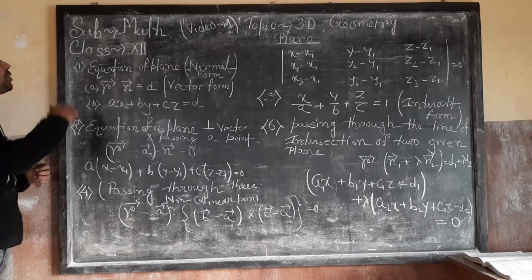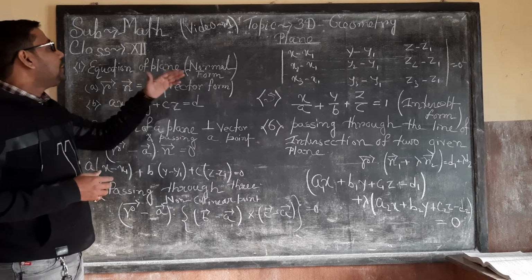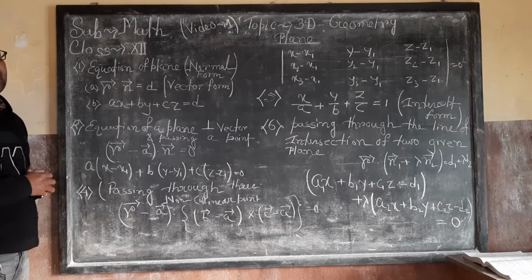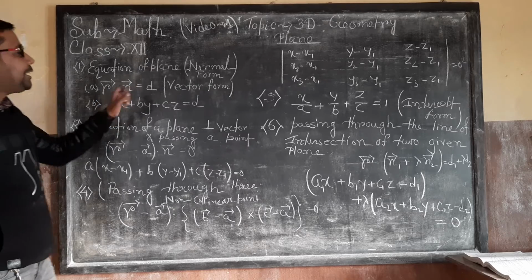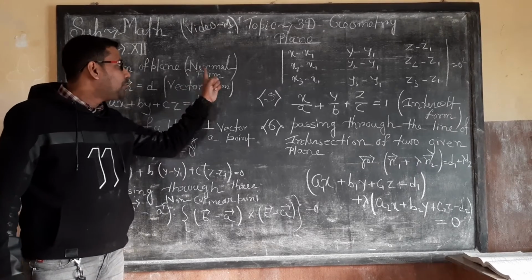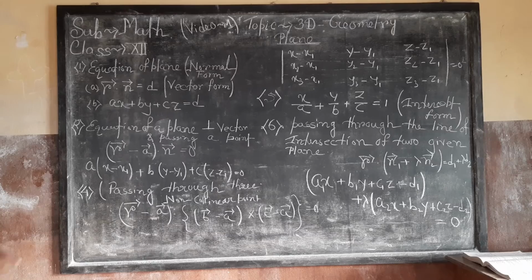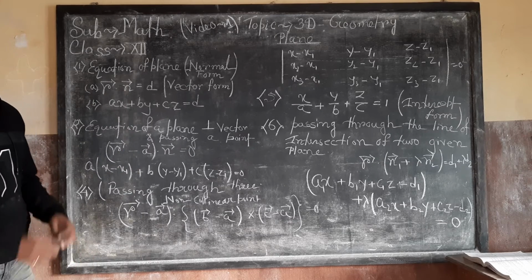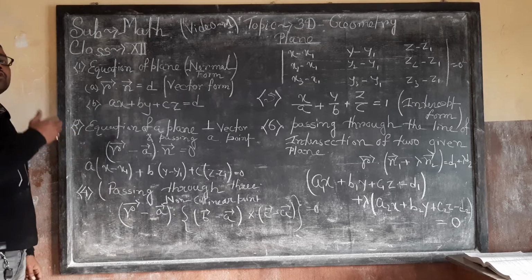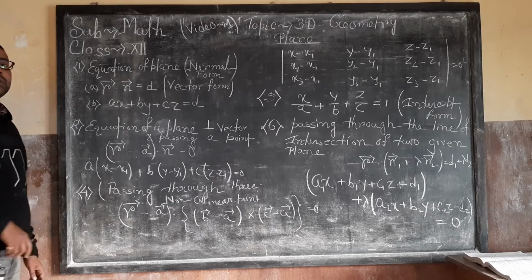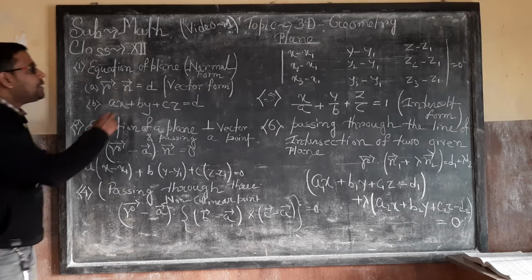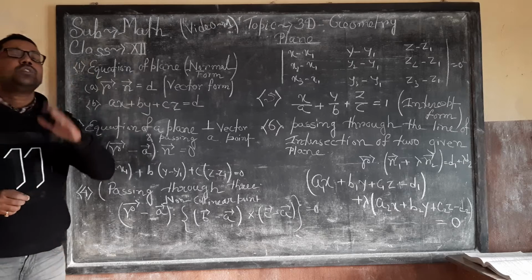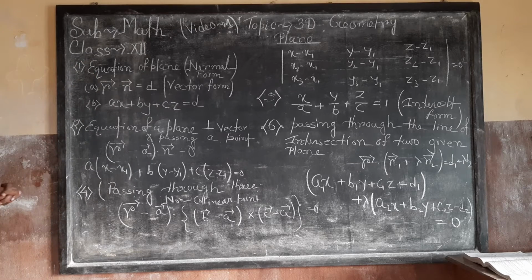So today we will discuss each and every form of the equation of a plane. The first one, consider the equation of the plane in normal form. This time it is r vector dot n vector is equal to d. This is the vector form of the normal form, and remember this n is a vector which is normal to the particular plane, and this d is the distance between the origin and this particular plane.